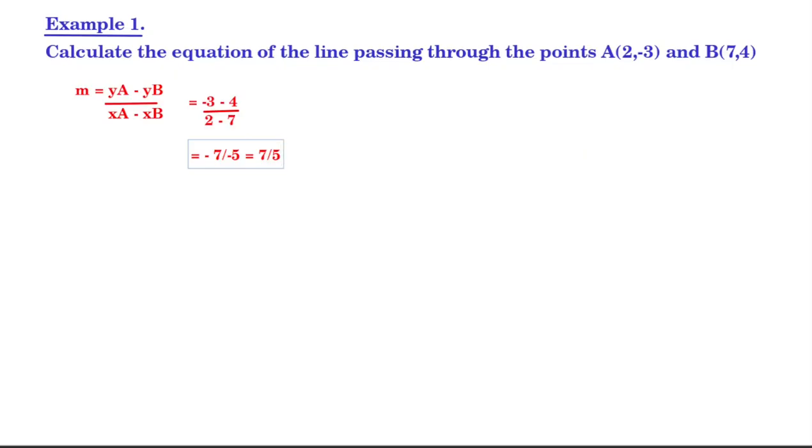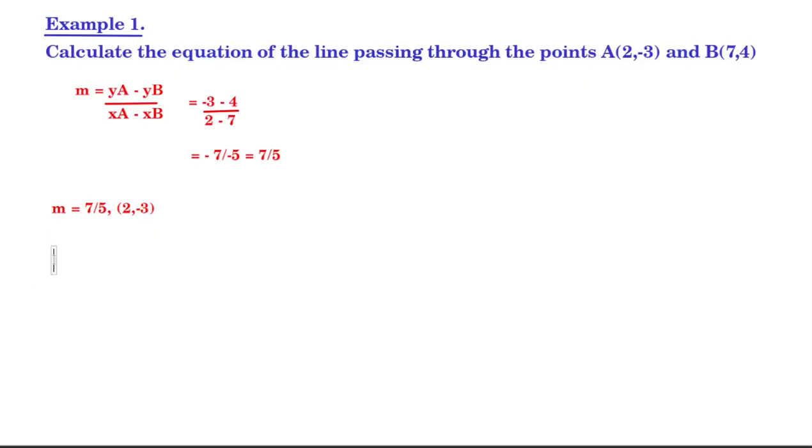Now, there are 2 ways we can use once you have your gradient equal to 7 over 5 and a point. We can use either of those 2 points. Suppose we're using point A, (2, -3). Now let's try to find the equation.